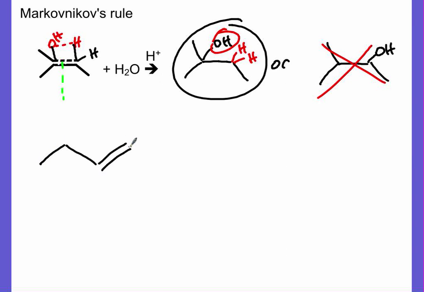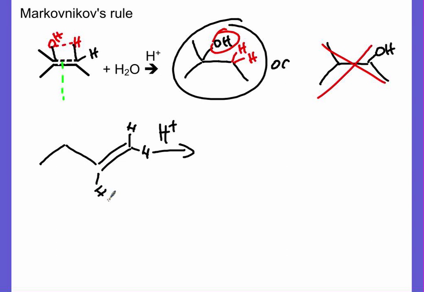See the other way that Markovnikov's rule applies, right? I can add a water across this double bond, but again, only one product is ever formed. It looks like you can make two, but only one should be formed. You're supposed to check. This side already has two hydrogens on it.